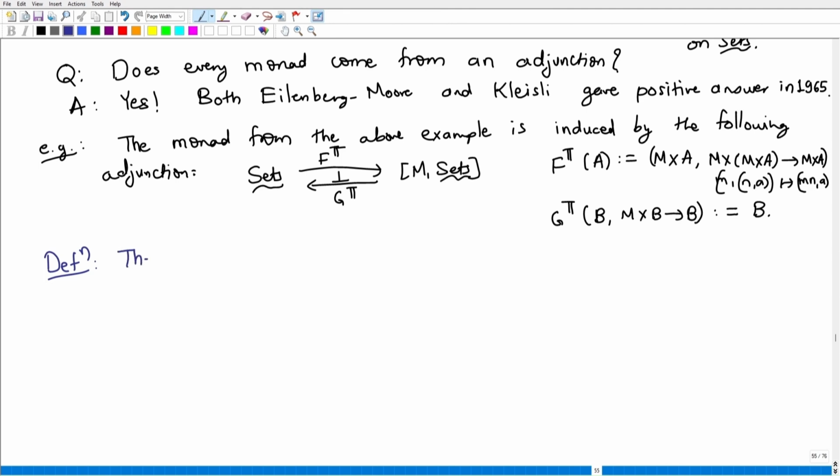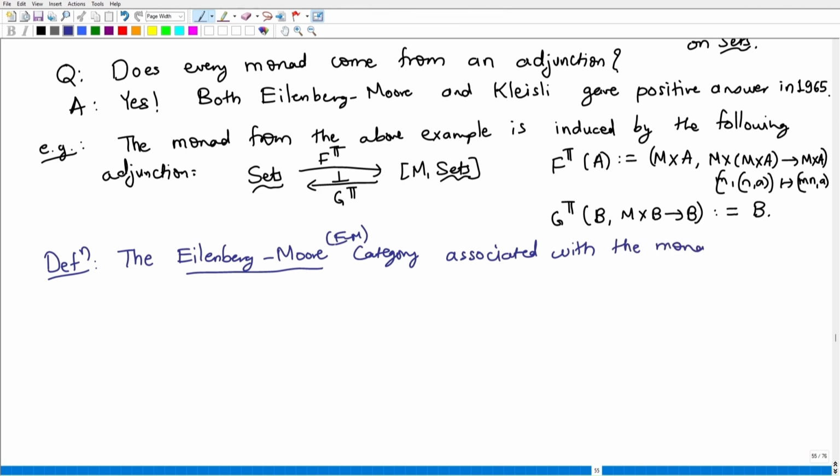The Eilenberg-Moore category, I am just going to write EM for this, the Eilenberg-Moore category associated with the monad T, denoted C upper T. This notation is really important.